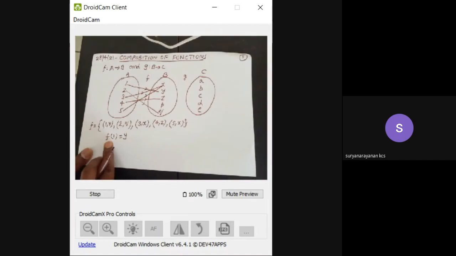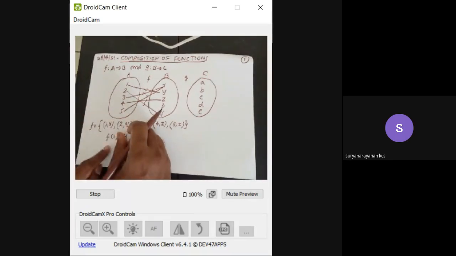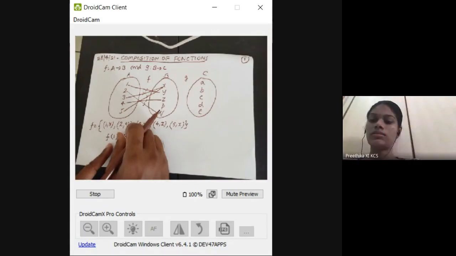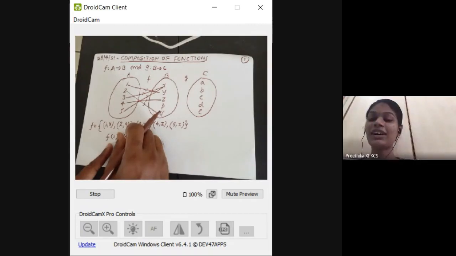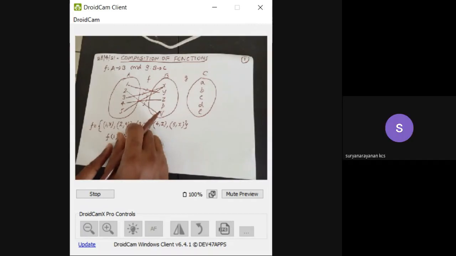What does this notation denote? Is 1 the image of y, or y the image of 1? Y is the image of 1. Don't be confused. f of 1 denotes the image of element 1.